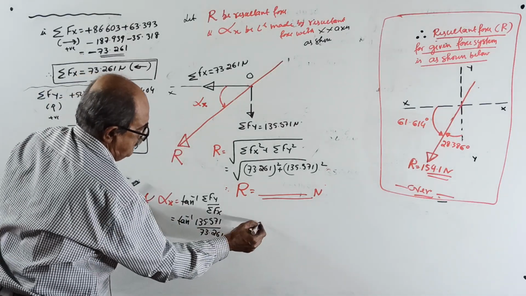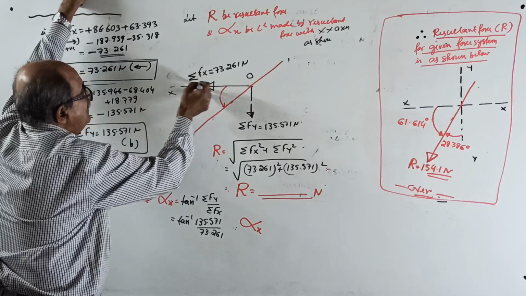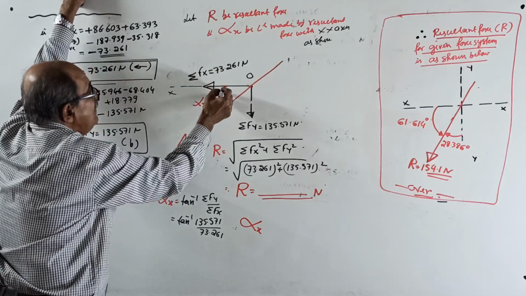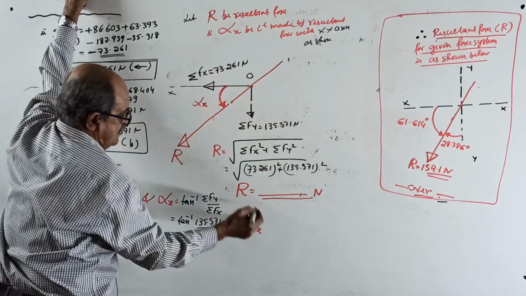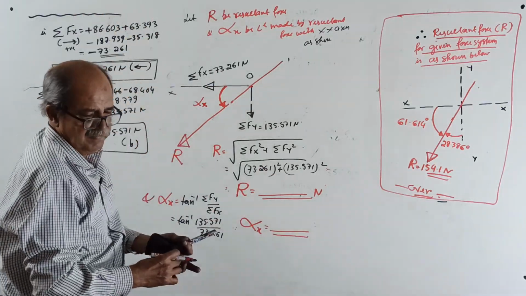Therefore, you get the value of alpha x, the angle made by the resultant with the x direction, in degrees.